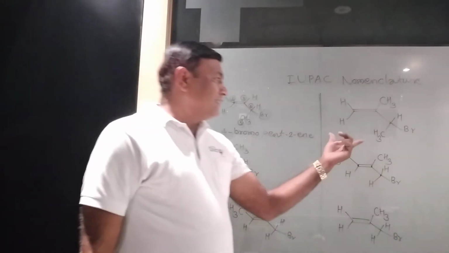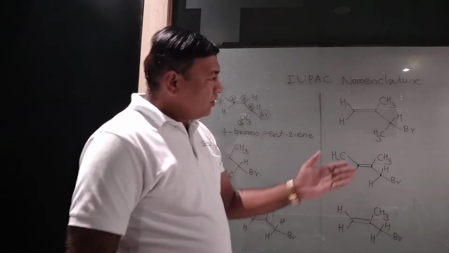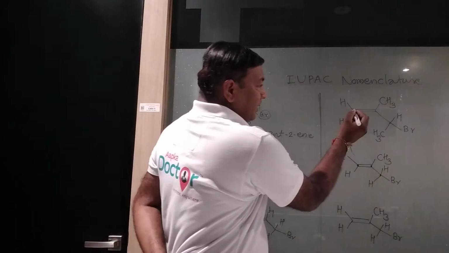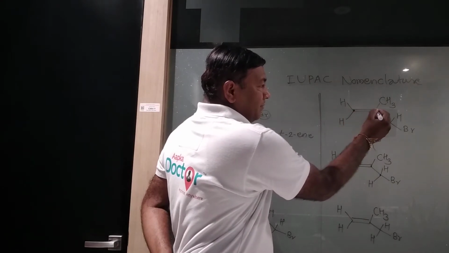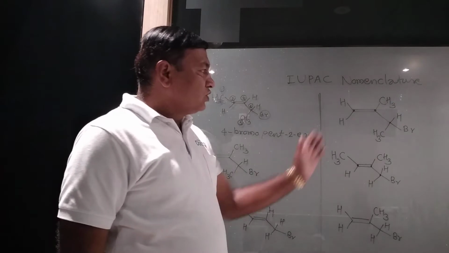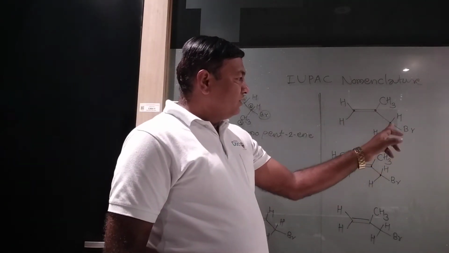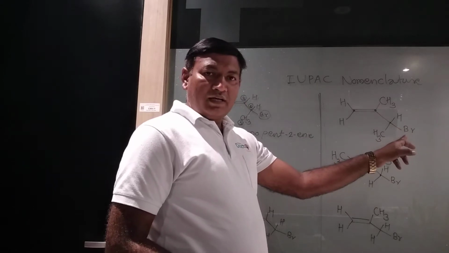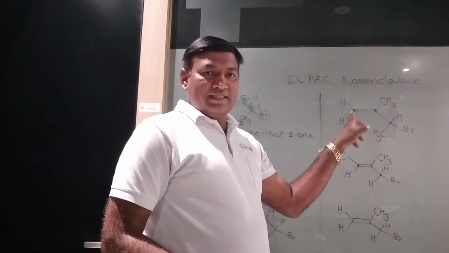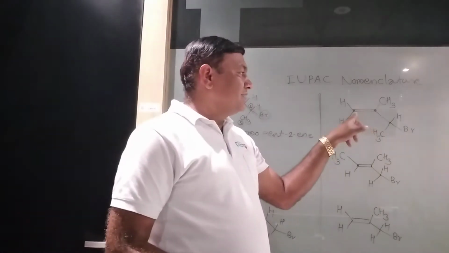We will see another example. Almost the same. Again, we have to think about the longest chain. Carbon number 1, 2, 3, and 4, so a 4 carbon chain is there. Numbering from this side, there is a substituent at number 2, and from here there is a substituent at number 1, the alkene.